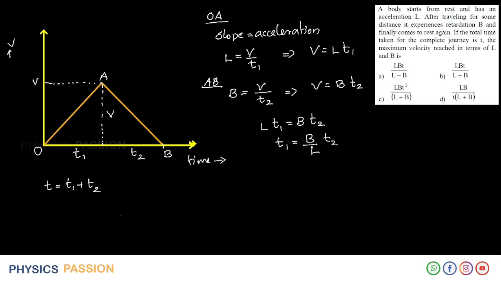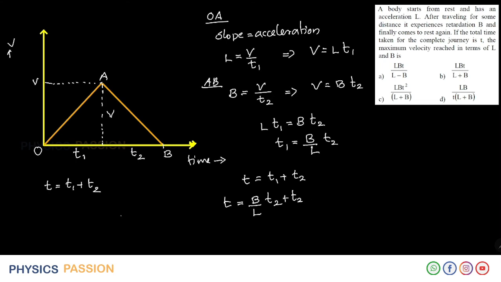Now we can take the total time result. Total time t is equal to t1 plus t2. So t is equal to B by L into t2 plus t2.